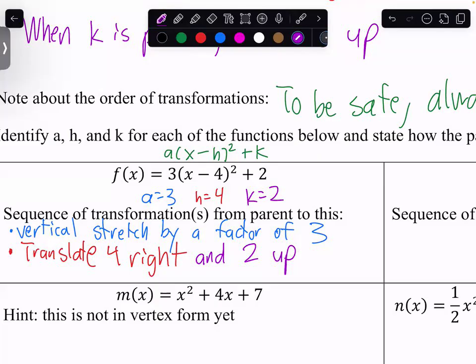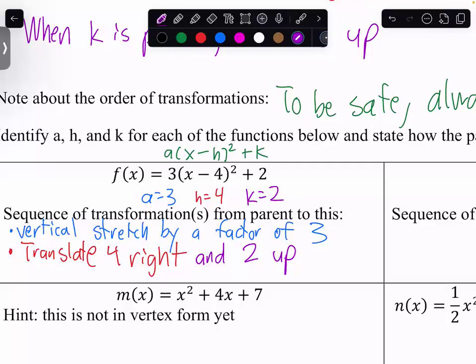Okay, so the second graph I gave you was y equals 3 parentheses x minus 4 squared plus 2. Right, so I wanted you to change the red graph into the blue graph. Okay, so what I said is first vertically stretch it by a factor of 3. Right, so take the original graph and stretch it out. Okay, so the red graph turns into the green graph, right?